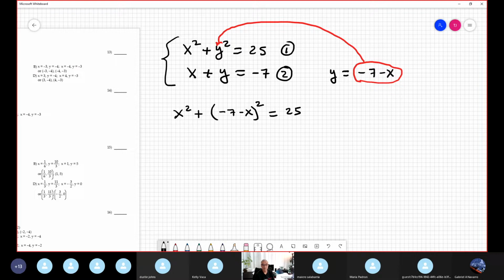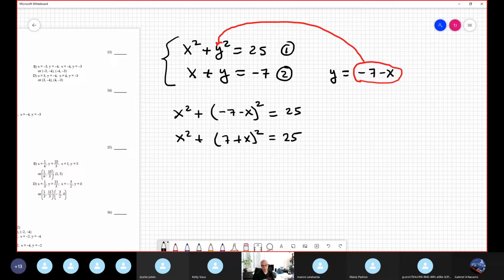Everyone follow me? This negative is totally irrelevant, because when a negative quantity is squared it becomes positive. This is equivalent to x squared plus 7 plus x squared. Makes sense?